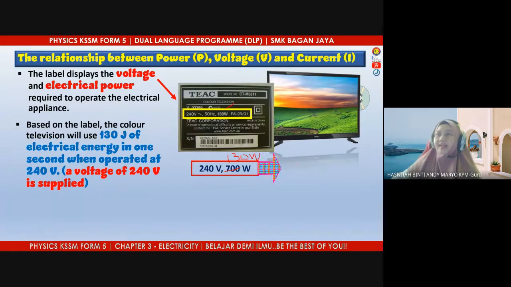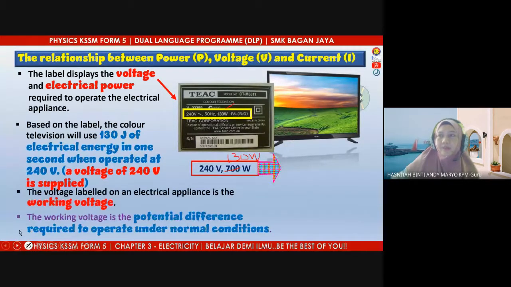So we understand what this label means. It shows that this television will use 130 joule of electrical energy in 1 second when a voltage of 240 volt is supplied to the television.